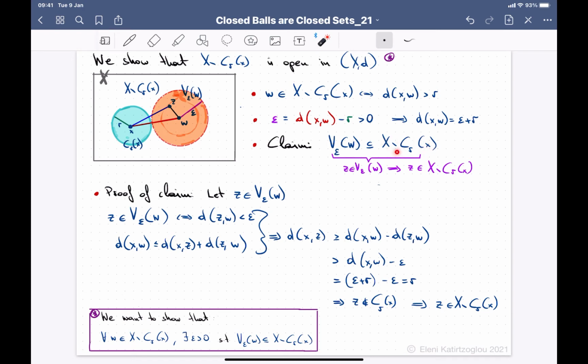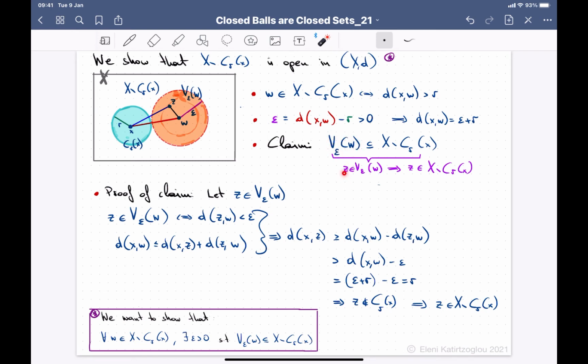And how do we show that one set is inside another set? That this set is a subset of this set over here. Well, whenever we have to show such a statement, we take any element of the set we think is smaller.